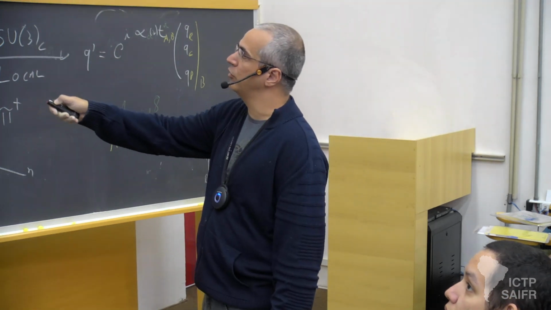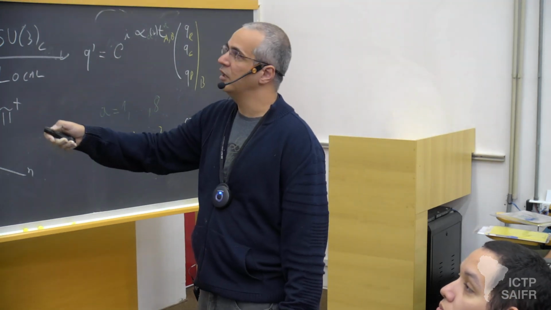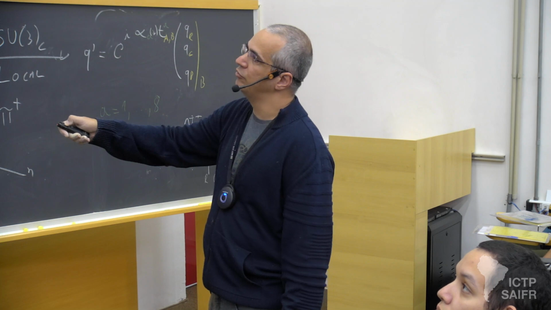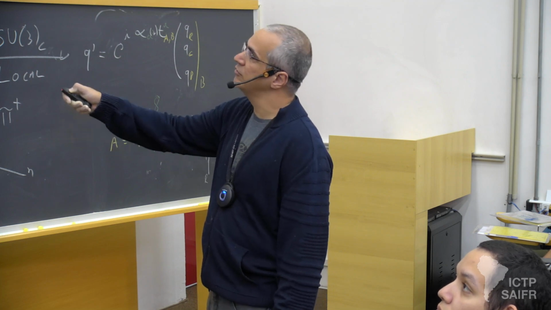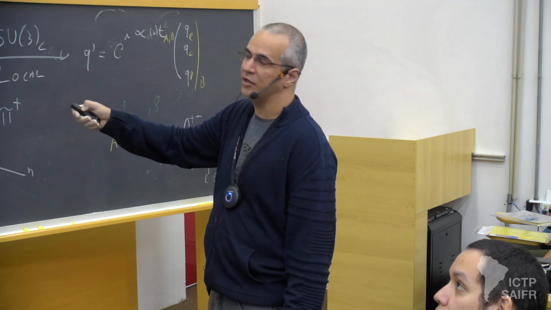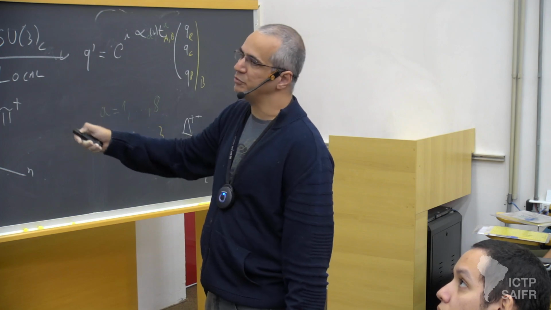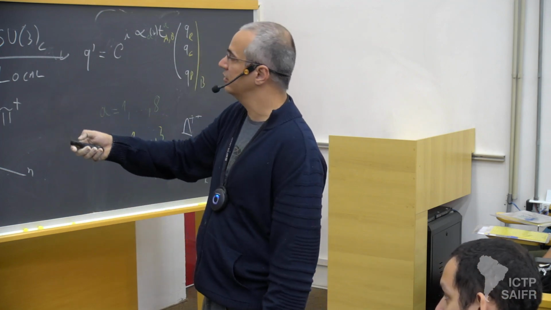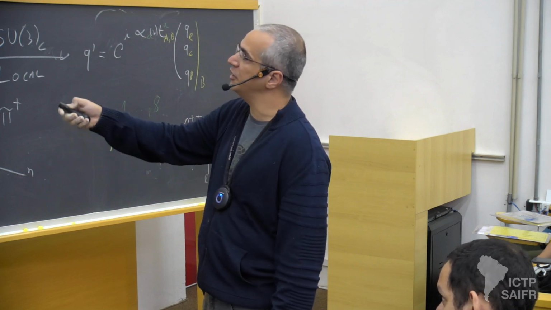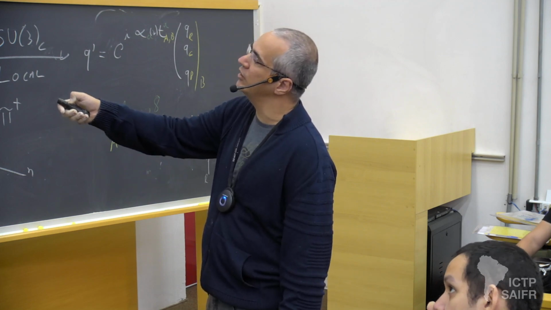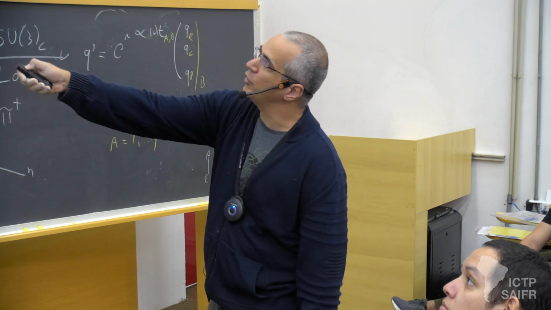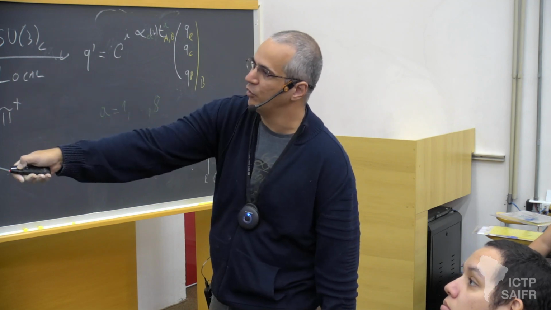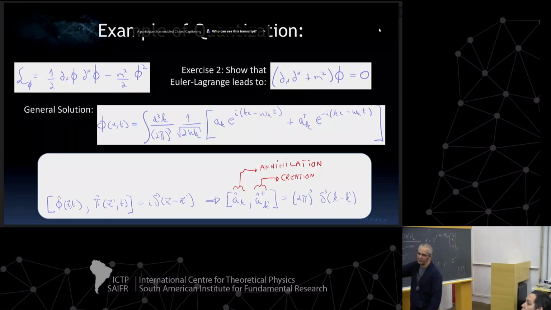Because they only involve quadratic terms in the fields. So this is the free part for spin 1, the free part for spin half, right? Already in the case of spin 1, I'm assuming it's a gauge boson. That's why I didn't put a mass, right? Because this is forbidden. And this is the free one for a real scalar. And that's the free one for a complex scalar on the blackboard.